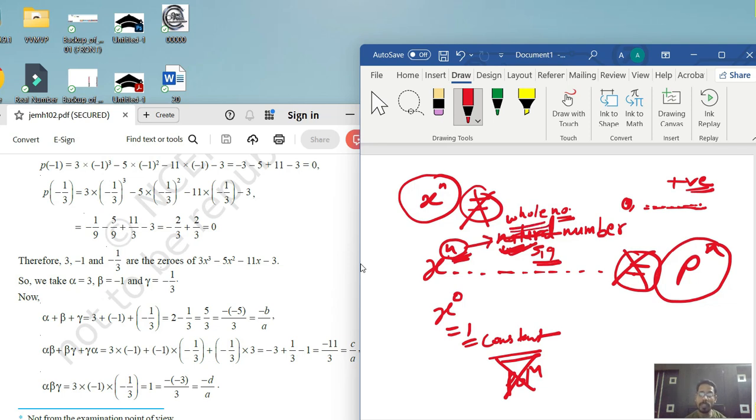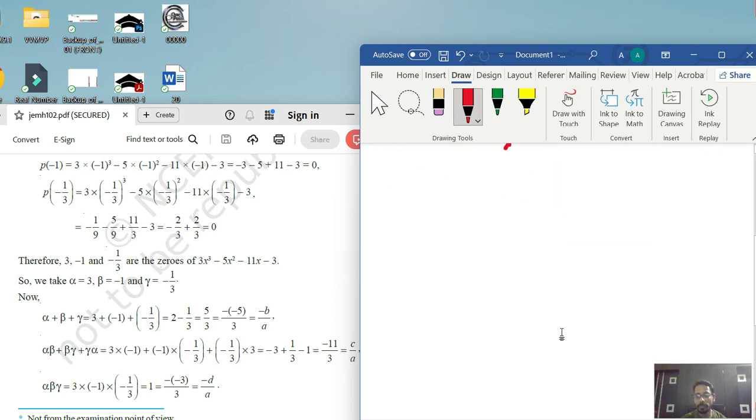Okay, what we are discussing about? We are discussing about the power of x. X is what? X is variable. Got it? What I mean to say here, suppose it is given here, 3x square minus 9x plus root 2, is it polynomial or not?